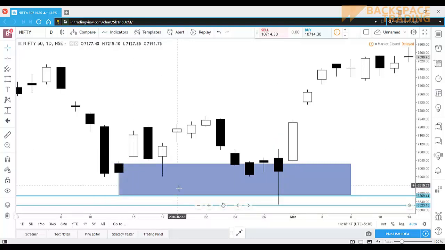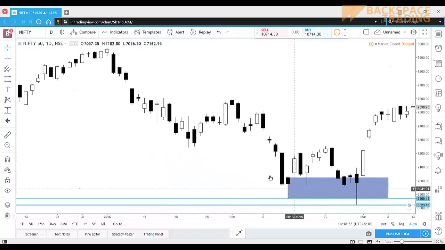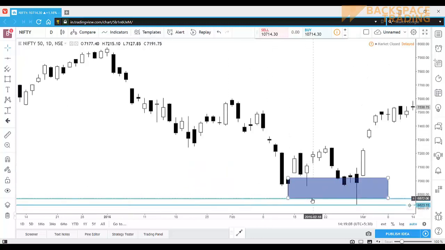Too many hammers I'm saying, right? Don't get confused. Just understand this much. Don't take a buy call just because a hammer is shown. On a downtrend, even a hammer can be broken down.